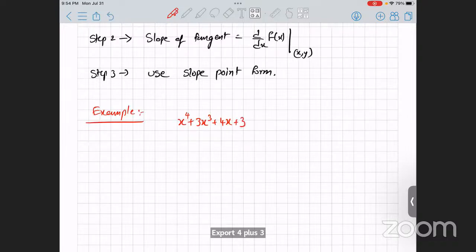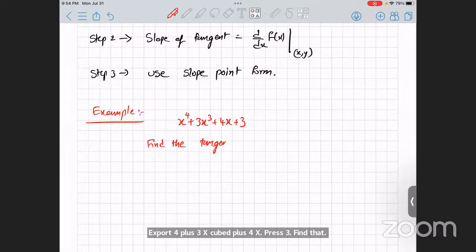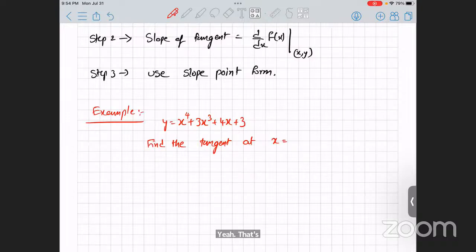Find the tangent at x equal to 0. I want the tangent equation. The point at x equal to 0, the y coordinate.